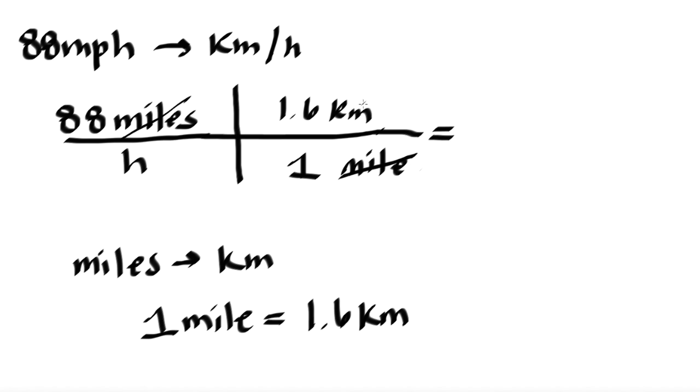Now notice we're left with kilometers over hours. We don't really have to do anything with that. 88 times 1.6, and that is left with 140.8 kilometers per hour.